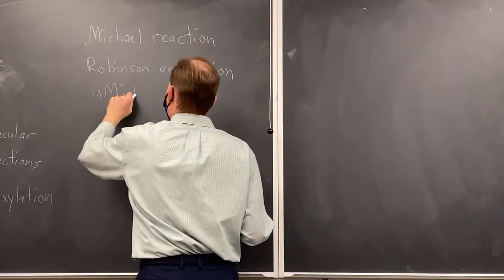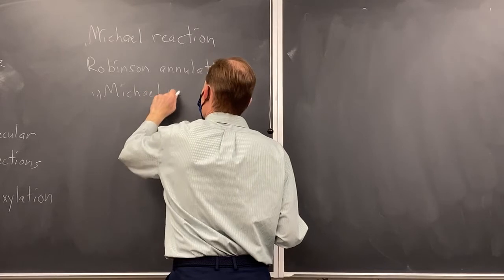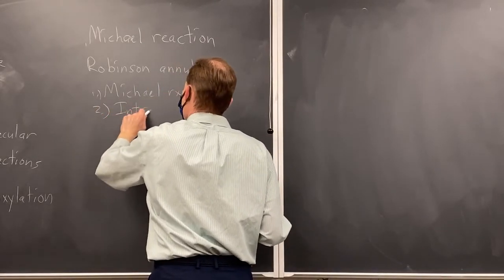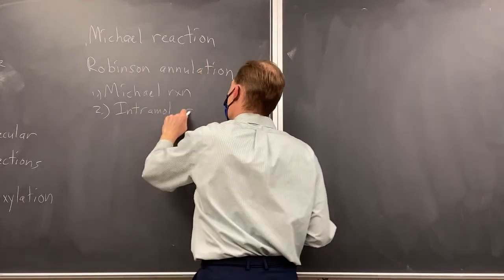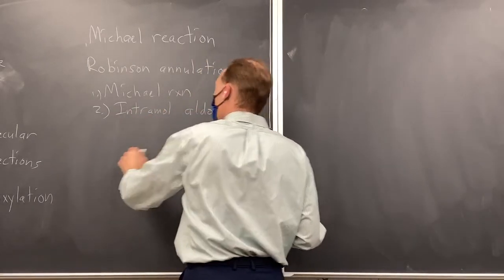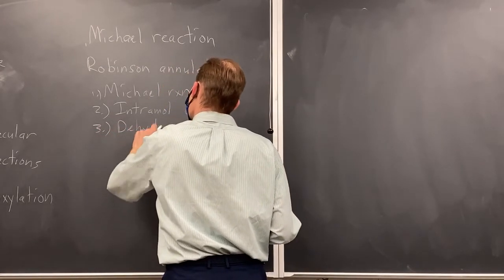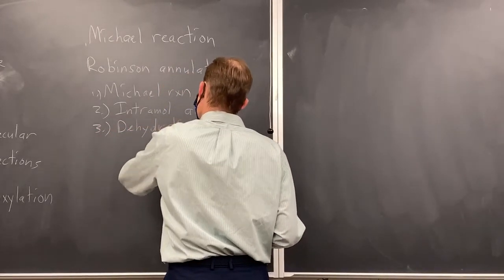So the Robinson annulation involved three processes. It starts with a Michael reaction. Then after the Michael reaction, it has an intramolecular aldol reaction. And then it concludes with the dehydration. That's what makes it irreversible.